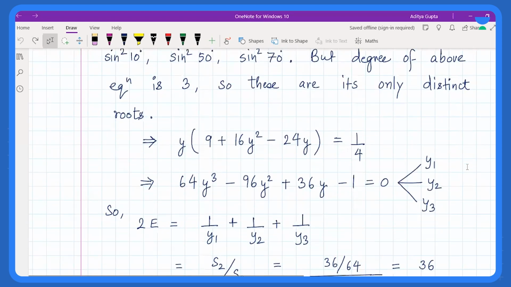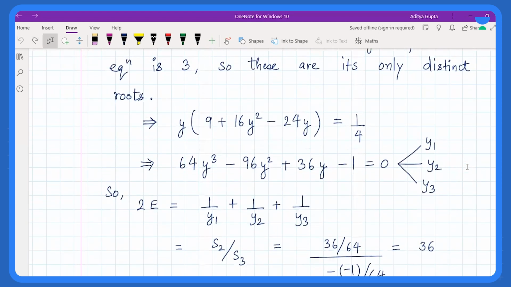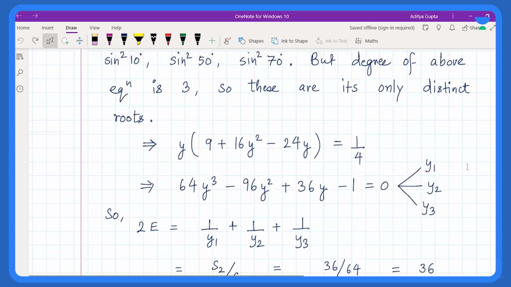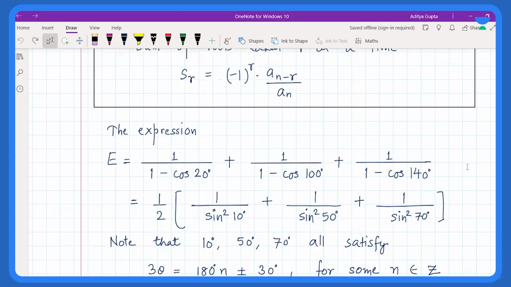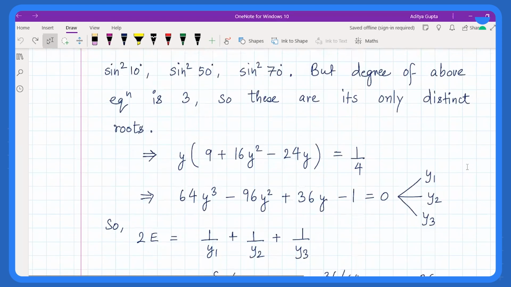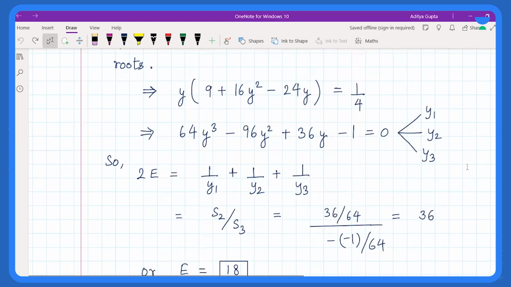Clearly, twice of e would be equal to 1 upon y1 plus 1 upon y2 plus 1 upon y3, because y1, y2, y3 are nothing but sine square 10, sine square 50, sine square 70 degree. We are just using the original expression written in this form.